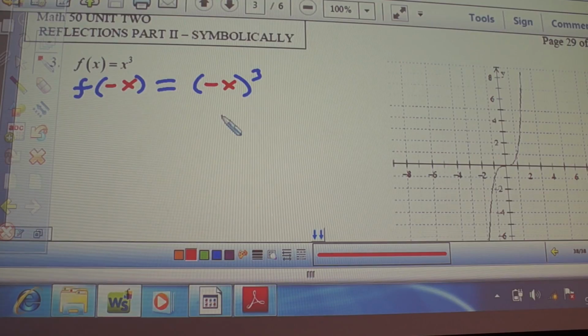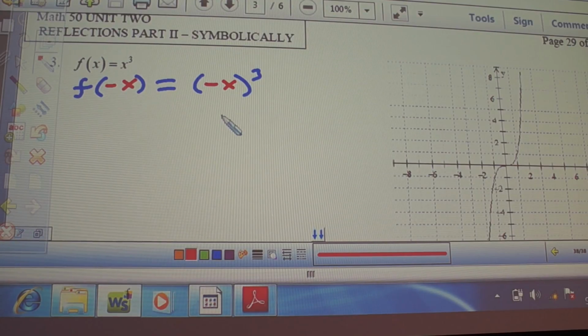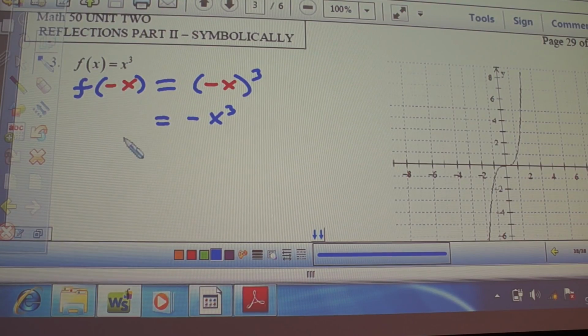A negative. And then x to the third power. Everybody on board? So there's my function: g of x equals negative x to the third power.